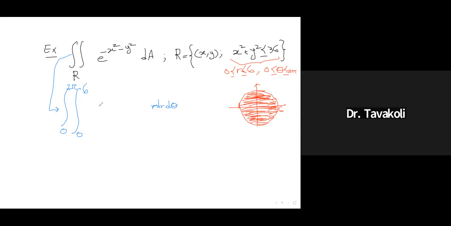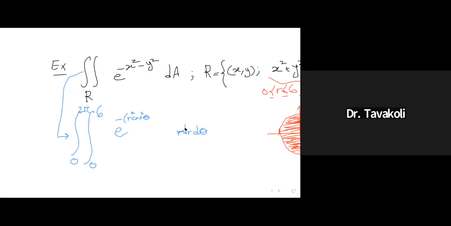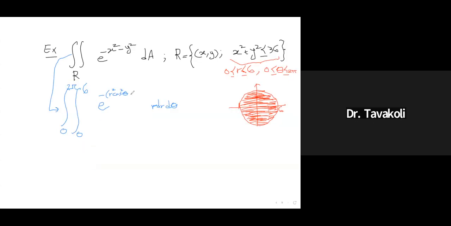And the function e to the power of, if you want, you can factor that negative out, minus x squared plus y squared. x is r cosine theta, so this is r squared cosine squared of theta. I need a bigger parentheses. And plus y is r sine theta, so this is r squared sine squared of theta.